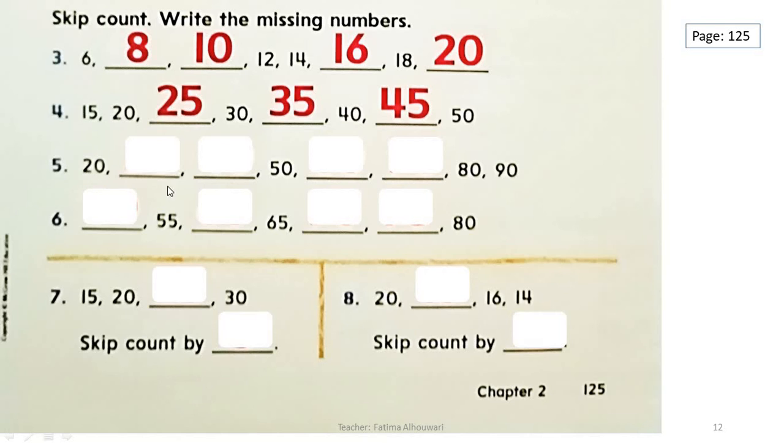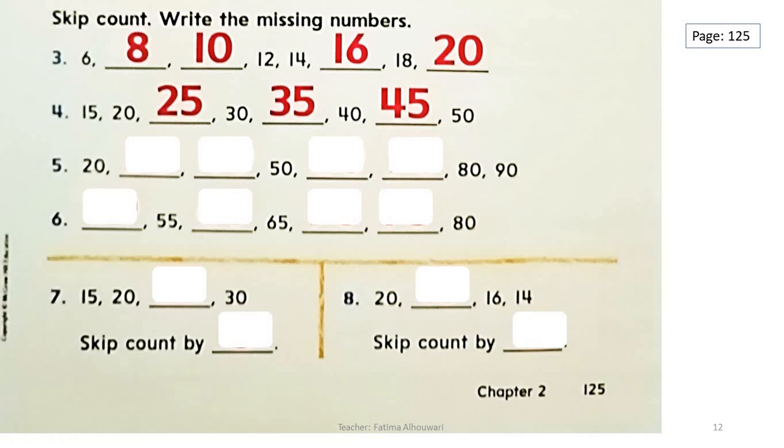20, something, something. 50, something, something. We didn't know the pattern until now, but these two numbers can help to know what the pattern is. We have 80, 90. Can you guess the pattern, grade 2? 80, 90. What is the difference between these two numbers?